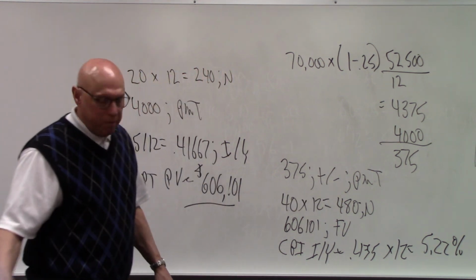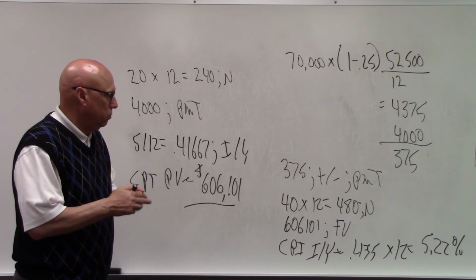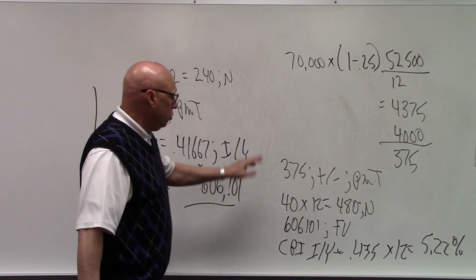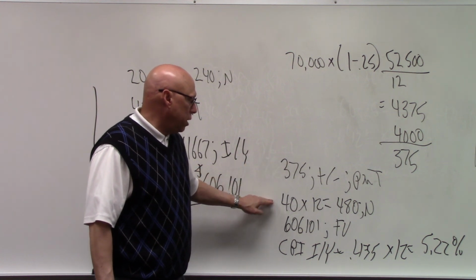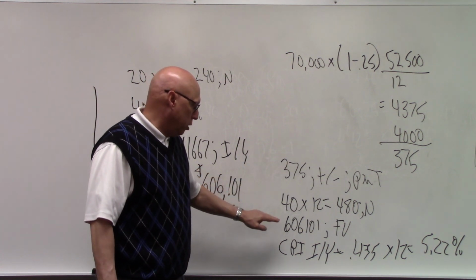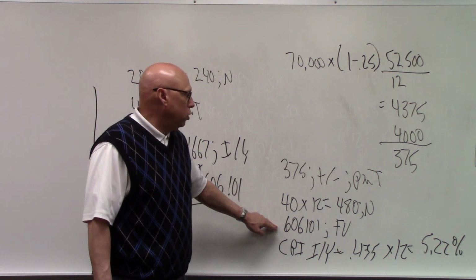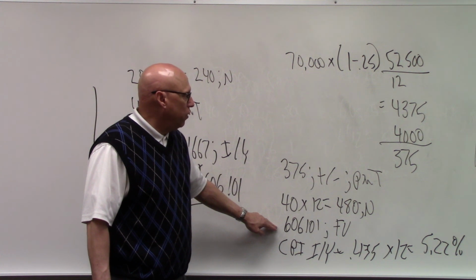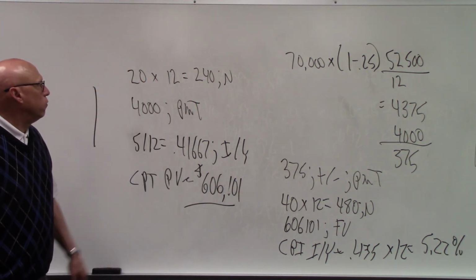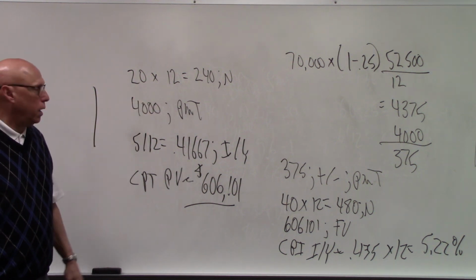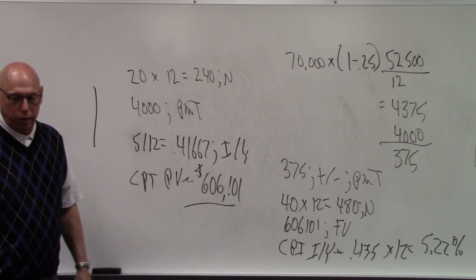If you earn 5.22% annually on your investments, and you save $375 a month for 480 months, which is 40 years, you'll end up with $606,101, which will be enough for you to take out $4,000 a month for 20 years. Okay? There's your life right there. There's your financial life right there.